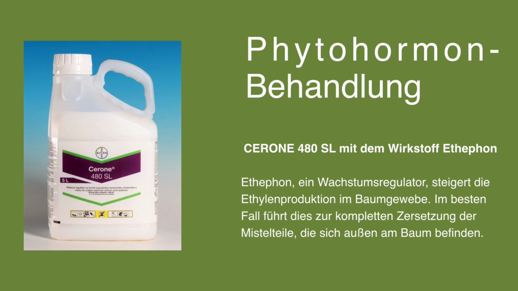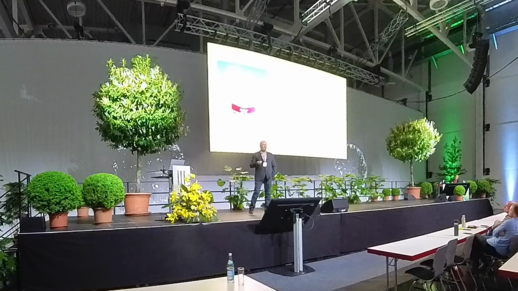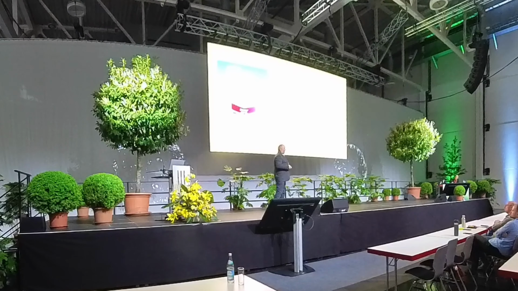So our approach was, we took, let's say, information from around the world about different approaches to this problem, and we found a compound which is called Cerone. The working substance is ethephon, and this is the ethylene precursor. If you remember your physiology classes, ethylene is one of the phytohormones, and it's a very interesting phytohormone because it's gaseous.